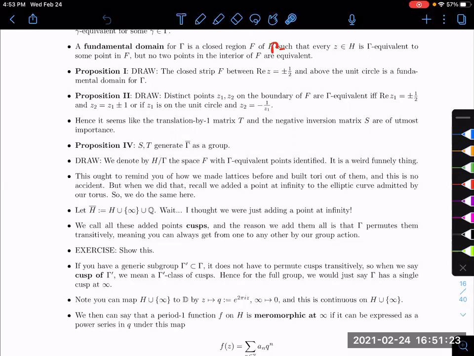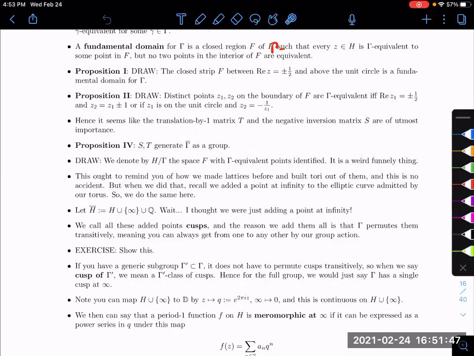What did we end up seeing? We saw that every complex torus was isomorphic as Riemann surfaces and group isomorphic to a projective elliptic curve, right? But only once we added a point at infinity to the elliptic curve, only once we projectivized the elliptic curve.